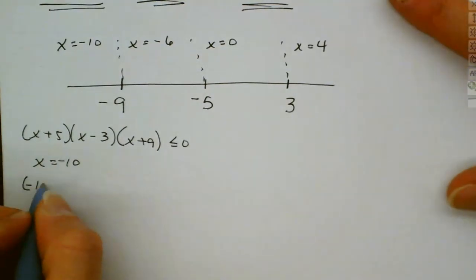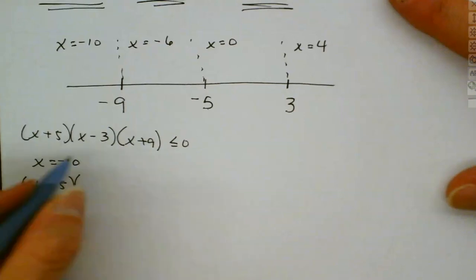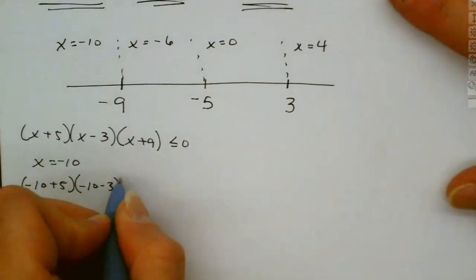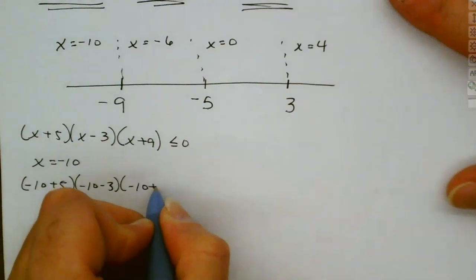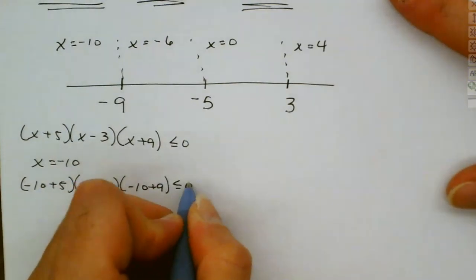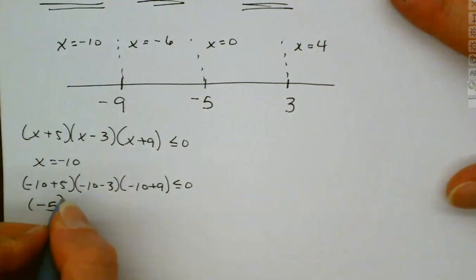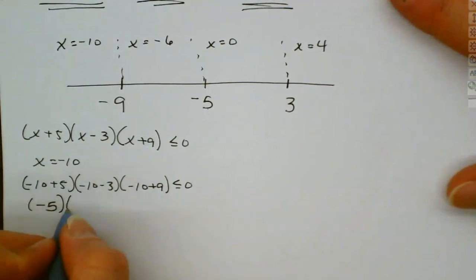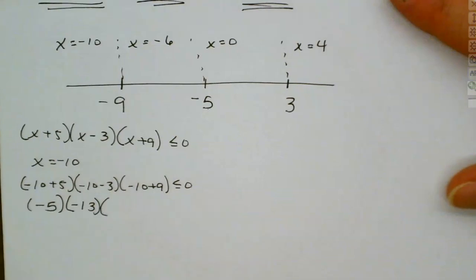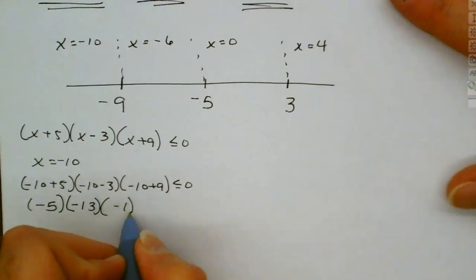So that's minus 10 plus 5, minus 10 minus 3, minus 10 plus 9. Minus 10 plus 5, that's a minus 5. Minus 10 minus 3, that's a minus 13. Minus 10 plus 9, that's a minus 1.